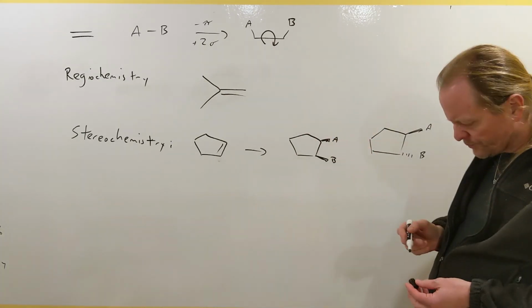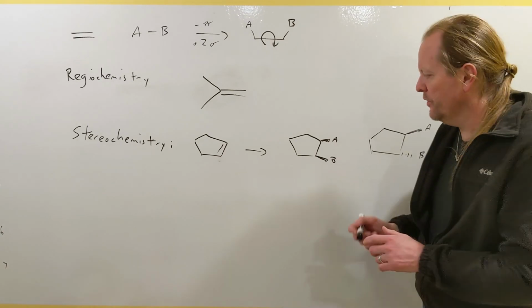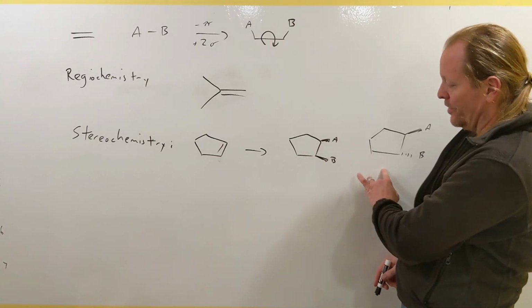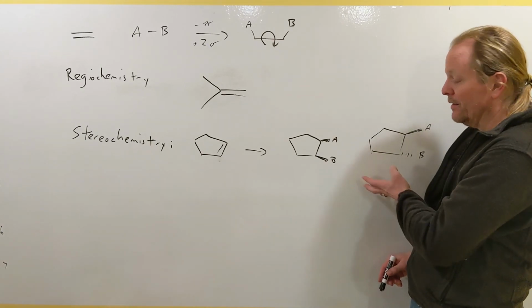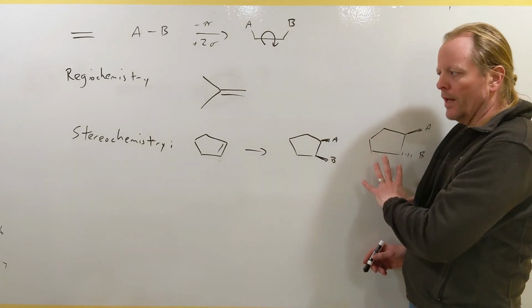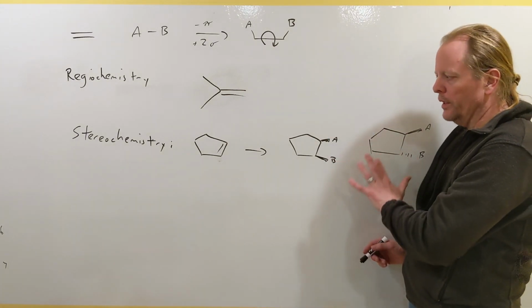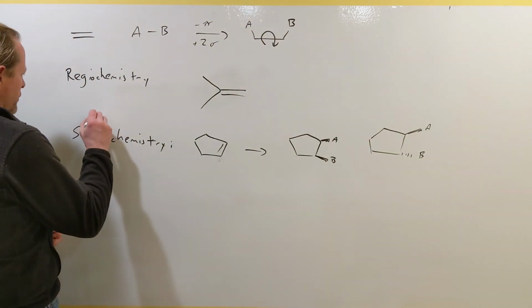Simple as that. With that lack of conformational motion, this and this are not interconvertible. These are, in fact, as I'm sure you recognize, diastereomers of each other. Most of the reactions we talk about, we're talking only about relative stereochemistry.